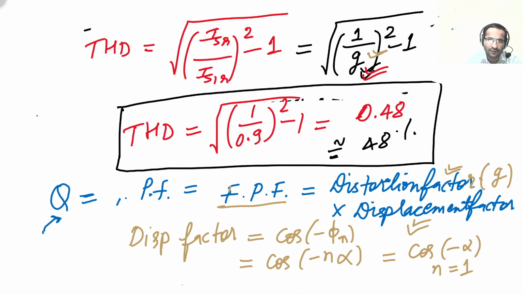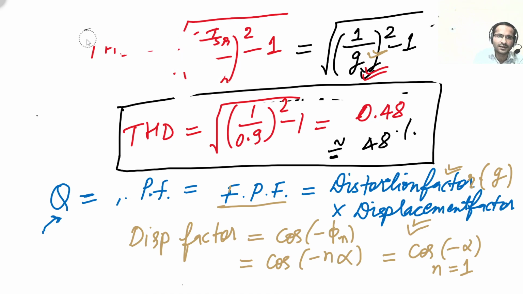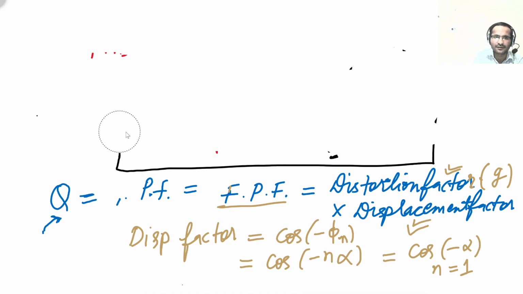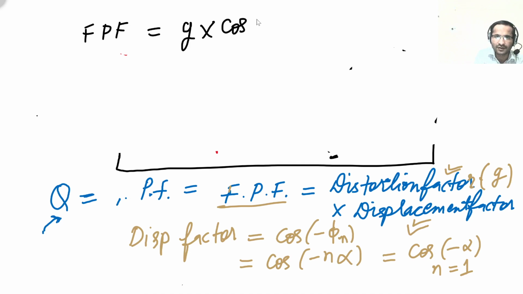If you put these two values in the fundamental power factor equation, it is the distortion factor g multiplied by the displacement factor, cos of minus alpha, which is cos alpha. So g we got as 0.9 and cos alpha is cos alpha.